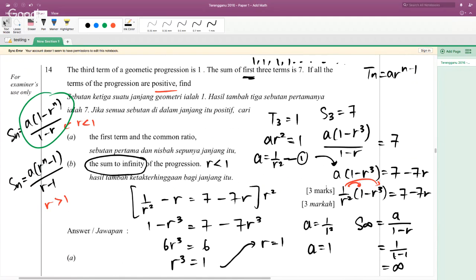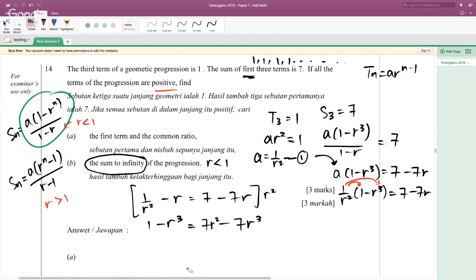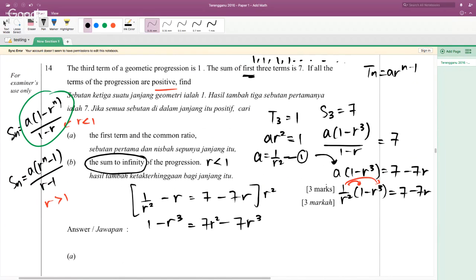Maybe I see, maybe I don't. Okay, so substitute in here, 1 over R squared, 1 over R squared. This one is R minus 7. Multiply R squared, 1 minus R cubed. Oh, this one I forgot about R squared here. This is a very terrible mistake. All right, so let me just redo it.